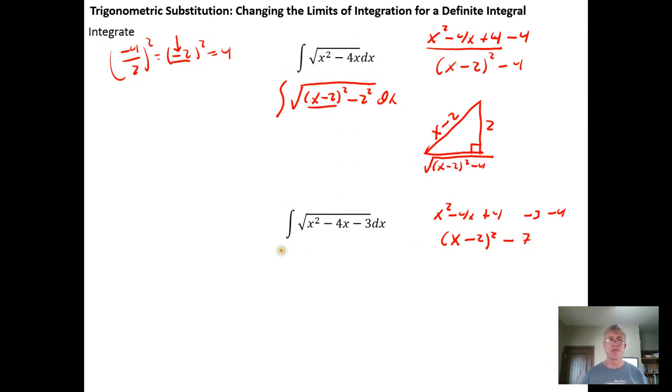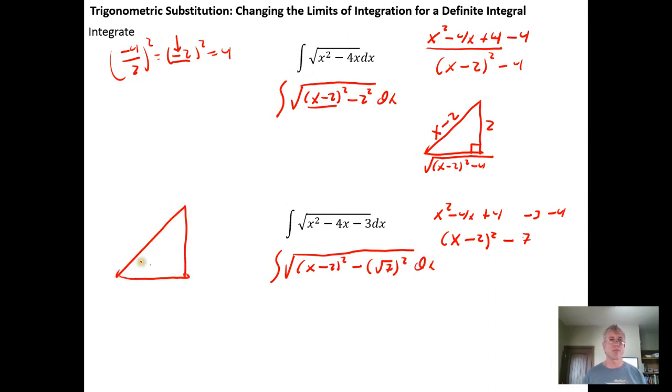Minus 3 minus 4 is minus 7. And then I can rewrite this as the square root of x minus 2 squared minus, and 7 is really the square root of 7 quantity squared, dx, and that would let me set up a right triangle again. So if I have this as my angle theta, I have a difference of two squares, so the thing that isn't being subtracted is the hypotenuse.